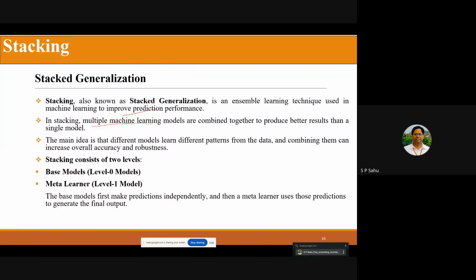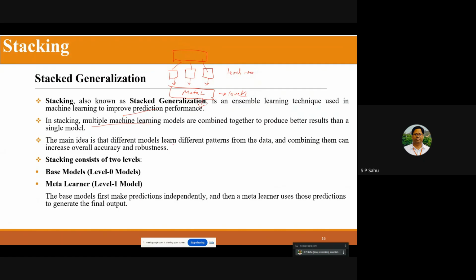The same way, we will have multiple base learners from the total sample. This may be called level 0, and the outcome of this will be provided to a meta model or meta learner, which is level 1. Okay, and then the final outcome.